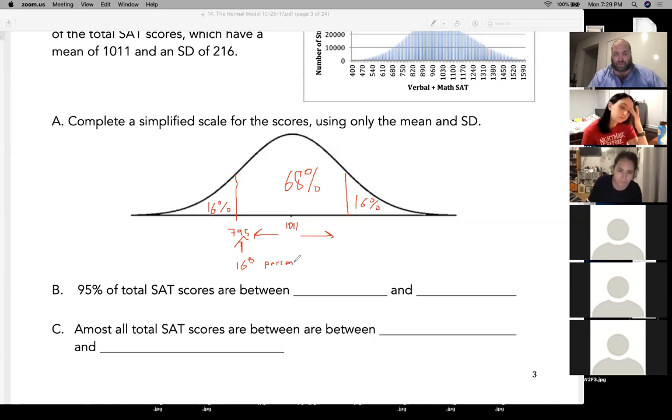So the question on the page was, is it possible that 1000 is the 20th percentile? No. Well, 1000 is just to the left of 1011, correct? Does it seem that we're going to jump from the 16th percentile here to the 50th percentile here and have this be the 20th percentile?